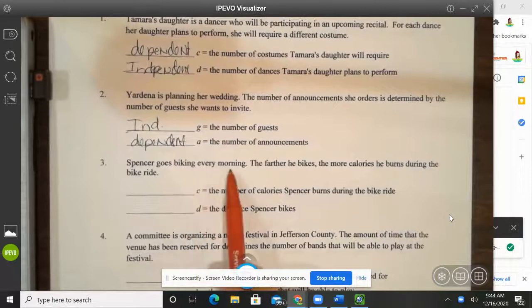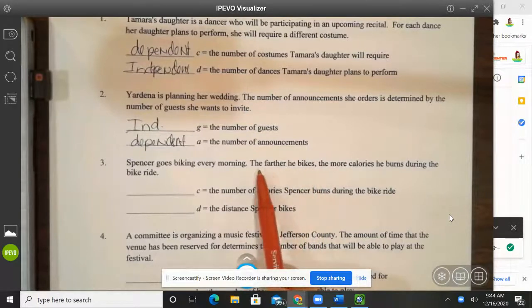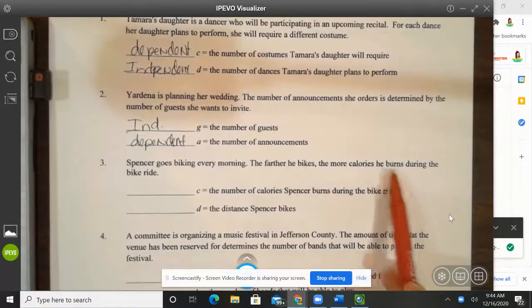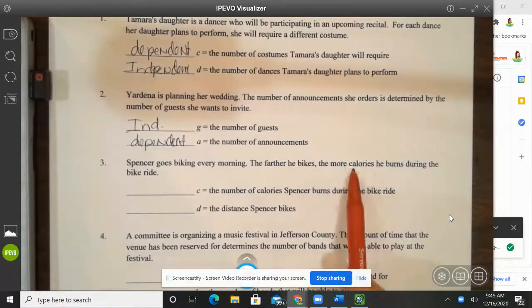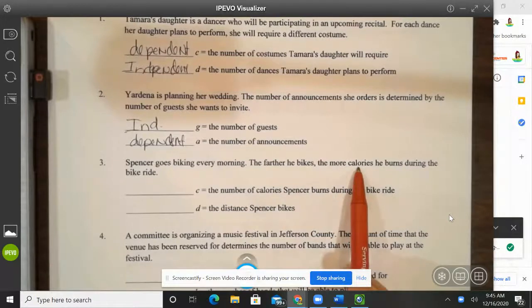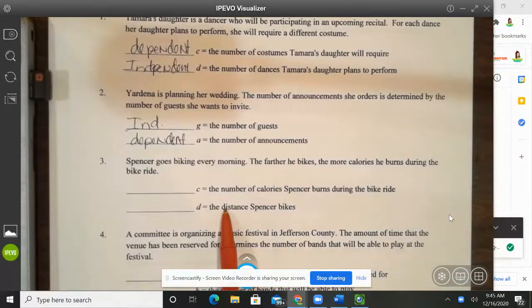Spender goes biking every morning. The farther he bikes, the more calories he burns. So that's it right here. The farther he bikes, the more calories. So the number of calories is dependent on the distance.